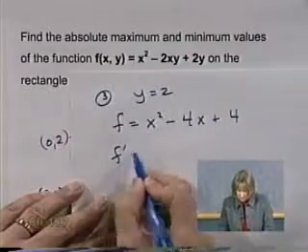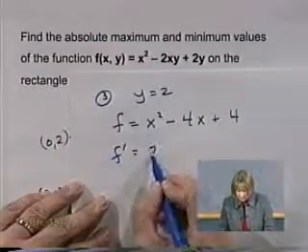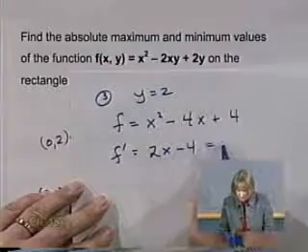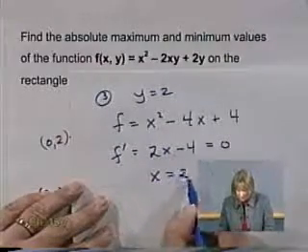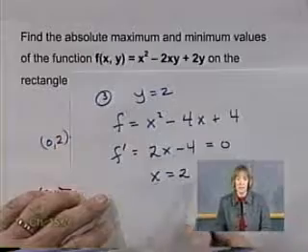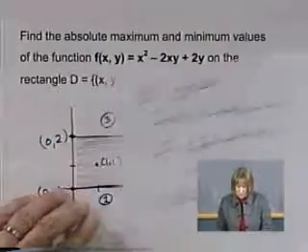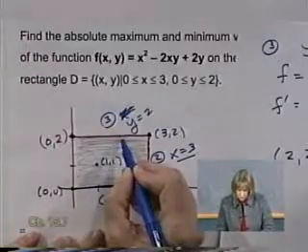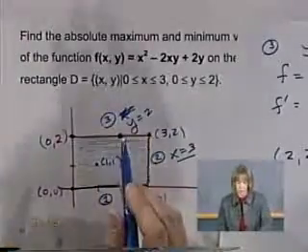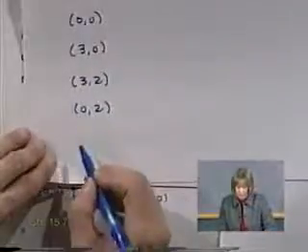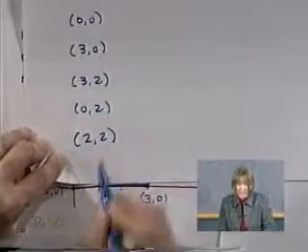Now notice this one, if I take f prime and set it equal to 0, I get x is 2. Now notice on that border, when x is 2, y is 2. So we have another point right here, 2, 2, on the border that we have to check. So I'm going to add that to my list of points that I need to check.